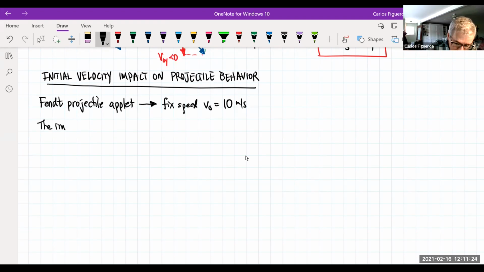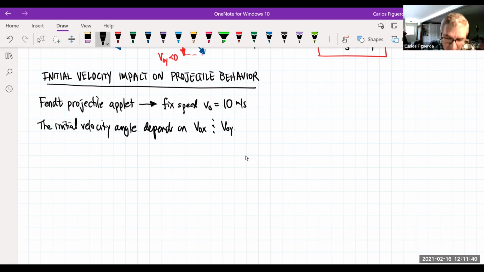The initial velocity angle depends on V initial X and V initial Y, of course it does. But what it tells us is whether we have a steep shot or a shallow shot.